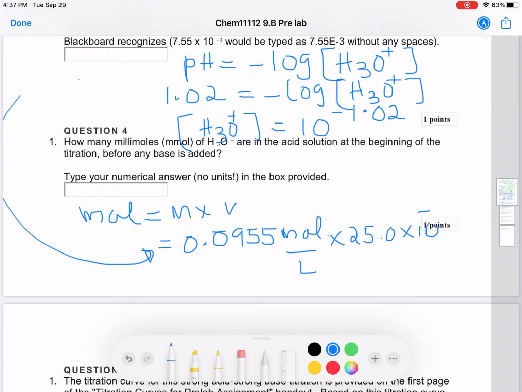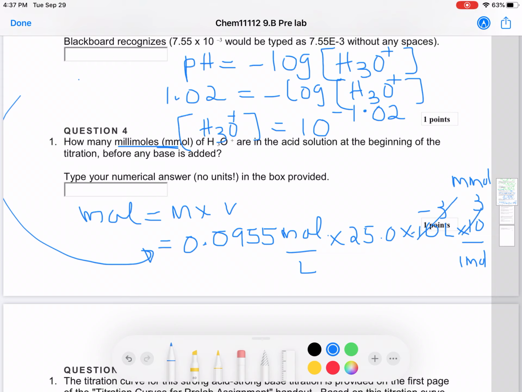We need to convert to liters, and what we want is the millimoles. How do you convert moles to millimoles? How many millimoles are in 1 mole? 1 mole has 10 to the power 3 millimoles. So basically these two can get cancelled.